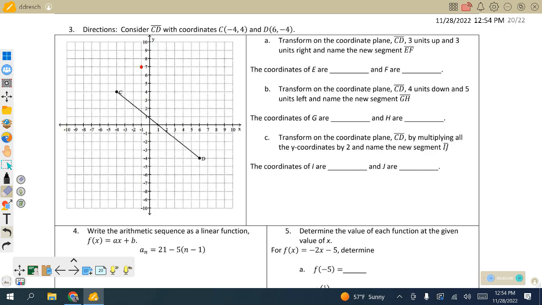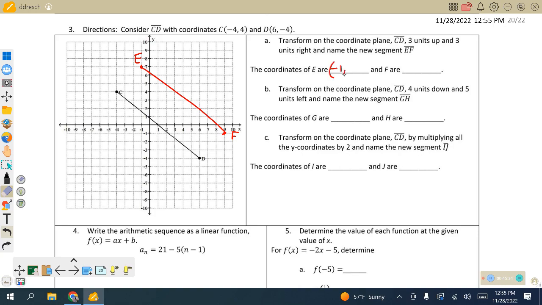And we want to call that E. And let's do D the same way. 3 up and 3 right: 1, 2, 3, 1, 2, 3. Take your ID, and what should be true about these two lines again? Those two lines should be parallel. And what are the new coordinates then? What are the coordinates of E?